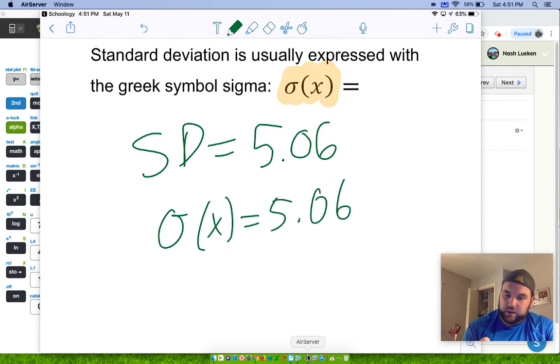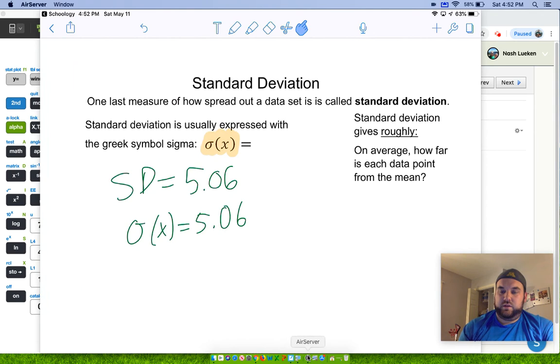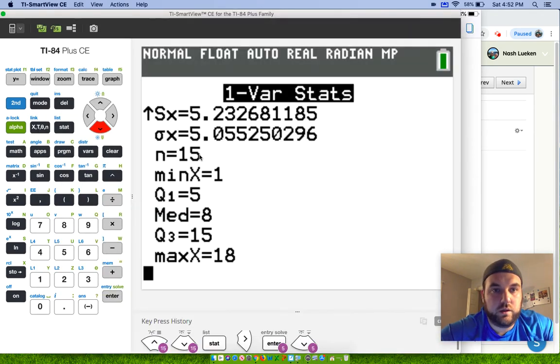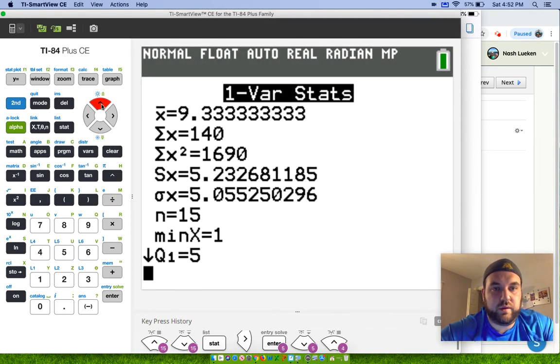And again, not going to be able to do it justice, but roughly what the standard deviation means is this. If you look back up here, the mean of that data set, I typed in 15 numbers, and the mean was 9.3 repeating.